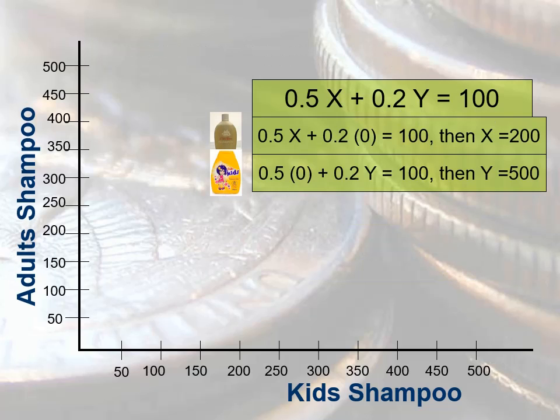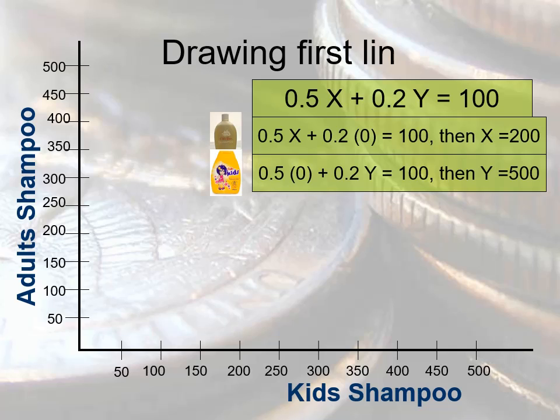With the first constraint of the back molding section, the maximum production of adult shampoo is 200 and the maximum production of kids shampoo is 500. So we draw a line between 200 of the adult shampoo and 500 of the kids shampoo.